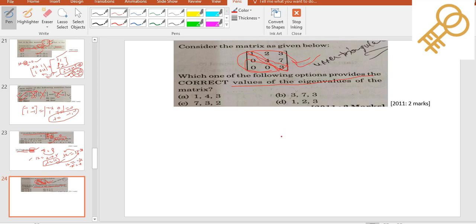I have already told this point in the last videos: if there is an upper triangular or a lower triangular matrix, the eigenvalues will be the diagonal elements of the given matrix. So the eigenvalues will be 1, 4 and 3. This will be the eigenvalues of the given matrix. So the option 1, 3, 4, that is option A, is the correct option. You can see it was asked for 2 marks and it is a very easy question.